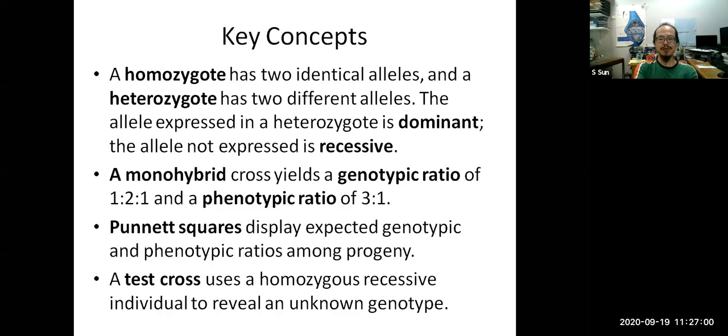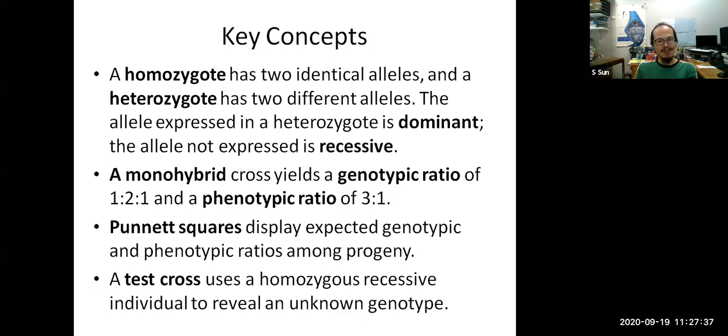And then we can use Punnett squares to very easily quantify the frequency of the genotype and the phenotype. If we don't get a gene test, we can know the genotype by using a test cross. If we cross it and have kids, then if the number of kids is big enough, we can tell.